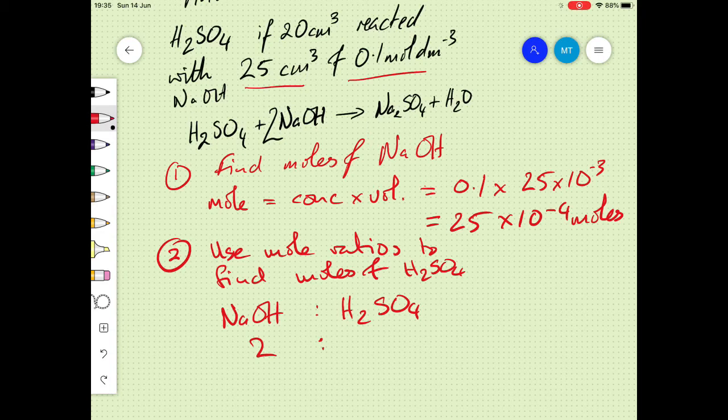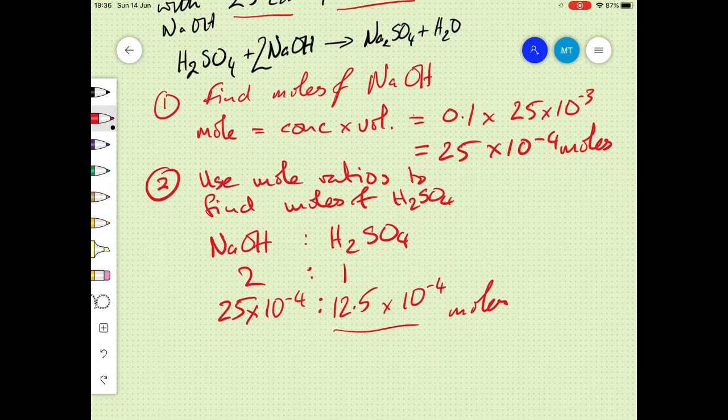We get that from the equation. So if we've got 25 times 10 to the minus 4 moles of sodium hydroxide, we need half of that in sulfuric acid. So 25 over 2 times 10 to the minus 4. Let's tidy that up. 25 over 2 is 12.5. So that should be 12.5 times 10 to the minus 4 moles of sulfuric acid.